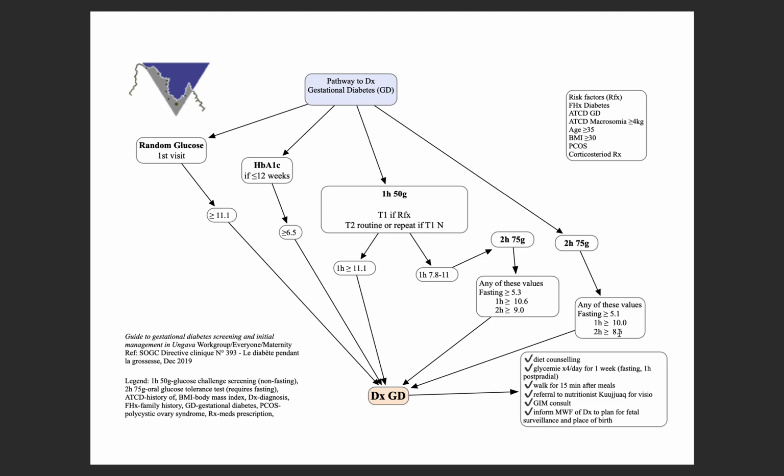So if her fasting was over 5.1, 1 hour is over 10, or 2 hours over 8.5, any one of those values are elevated, she goes on to a diagnosis of gestational diabetes. So now for these women, either who had a high random glucose, a high HbA1c, a really high 50 gram, or one elevated level in her 75 gram, she's now diagnosed as gestationally diabetic.